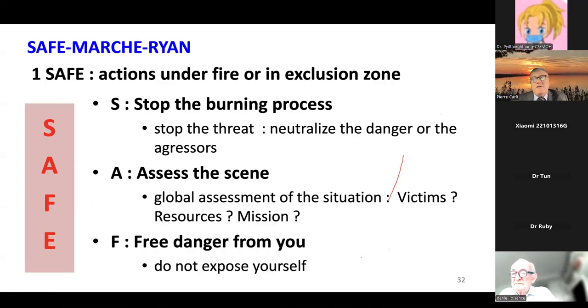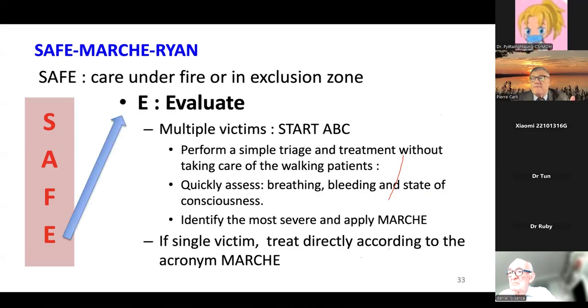Very important: when you are on scene, near a place under fire, if you are injured, you are just one more victim and you lose the capacity to save lives. That's the most important point. So stop the burning process, assess the scene, but also free the danger for you. Do not expose yourself, because you are a precious value to the system.